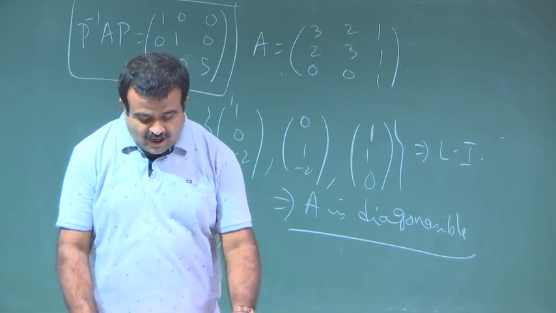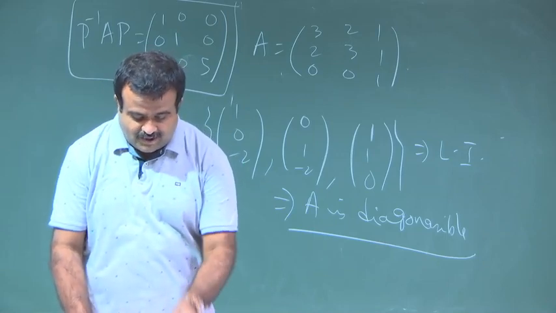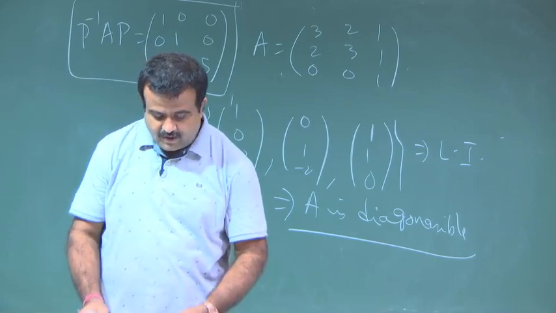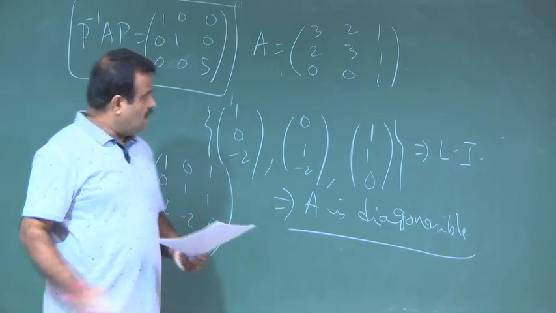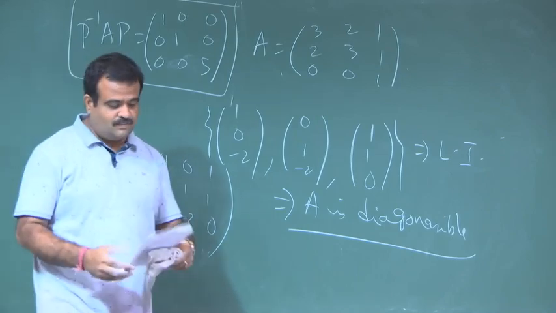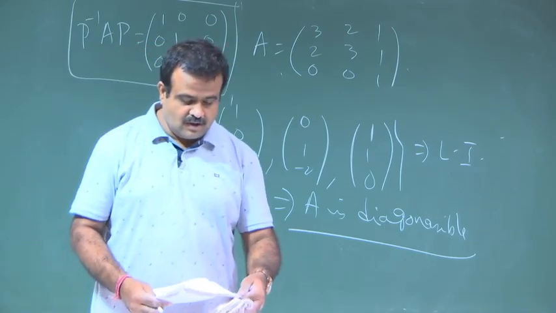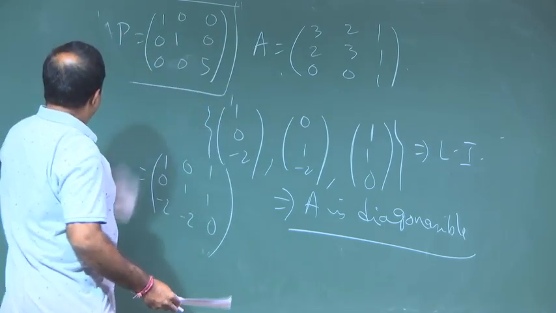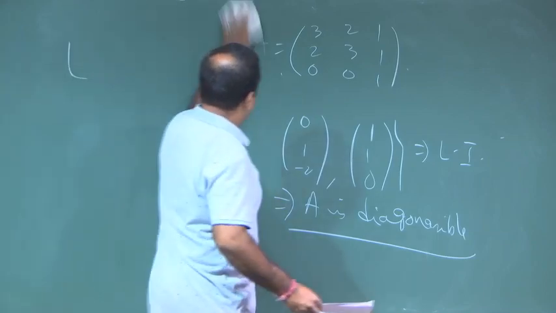Okay. Now, we take another example where eigenvalues are not regular. In that case, it is not diagonalizable. So, we can take a quick example.